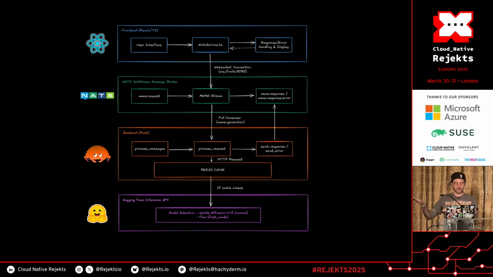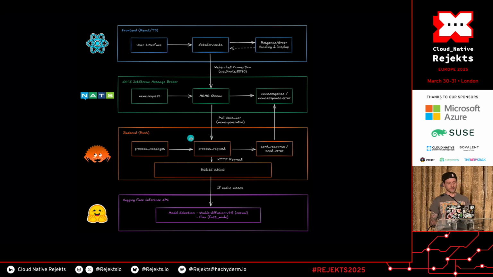So we have different things to scale. First, the front end, but the front end is behind an ingress controller. So actually, we're going to scale not the front end, but the ingress controller, because this is the one that's going to handle all the requests from the front end.